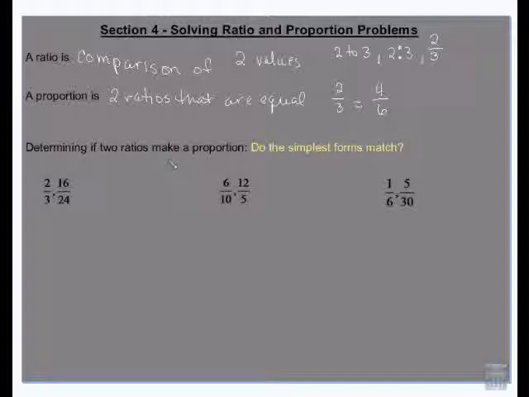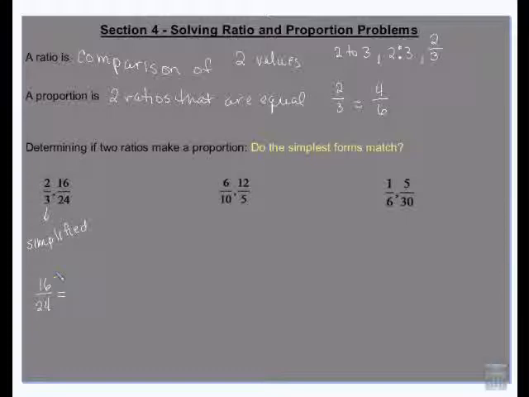So there's 2 ways to decide if 2 ratios are proportional or not. The first way is to take the simplest forms. 2/3, this is already simplified. Okay, so I'm going to take 16 over 24 and I'm going to simplify it. 16 and 24 both divide by 4, right?